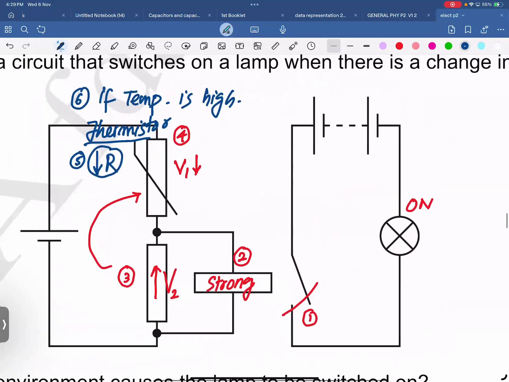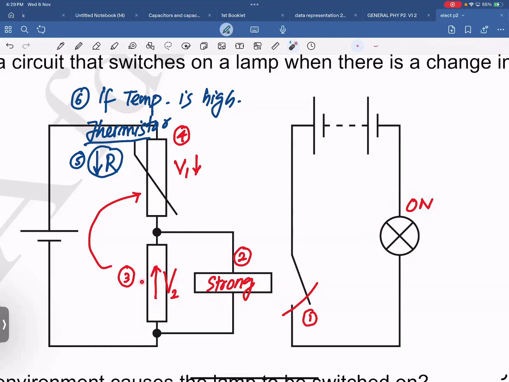Okay, so look, dear students, first of all, to turn on this lamp, this switch should be closed. This switch can only be closed if this electromagnet is very strong. This electromagnet will be only strong if this voltage V2 is very high.